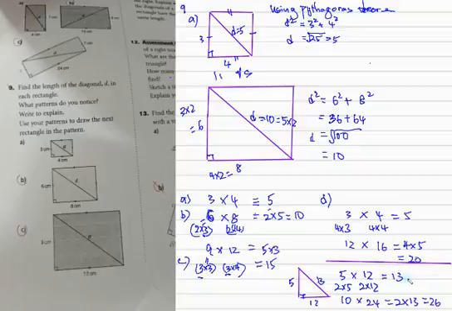If you want to go to the third member, you just take the basic 5, 12, 13, and multiply by 3 instead of 2. So 3 times 5 is 15, 3 times 12 becomes 36, 3 times 13 becomes 39. That's the third member in this family. Okay, so that's it.